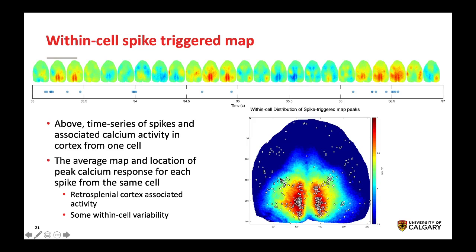At the bottom here we can see the average map color-coded, as well as the location of the peak calcium response for each spike in each hemisphere from the same cell as above. We can clearly see that retrosplenial cortex activity is dominantly associated with spiking in this particular cell.